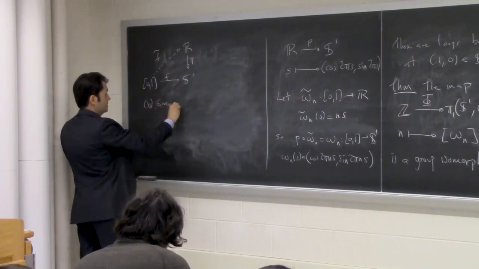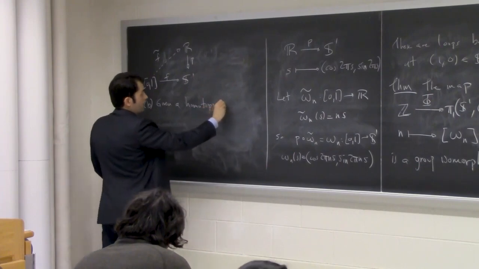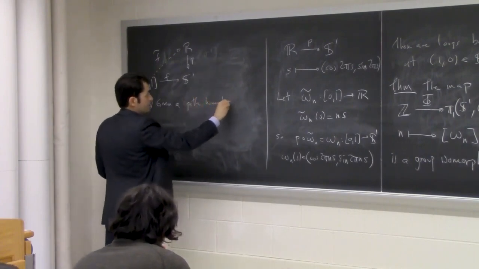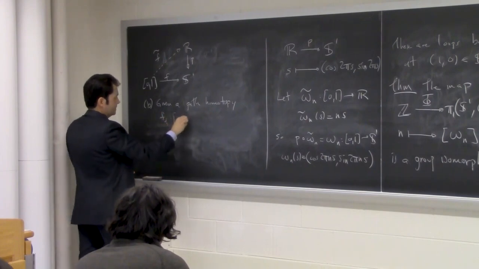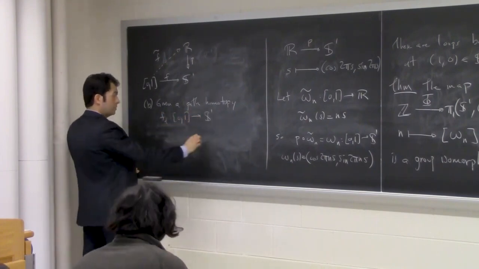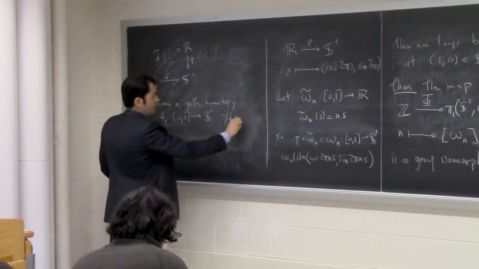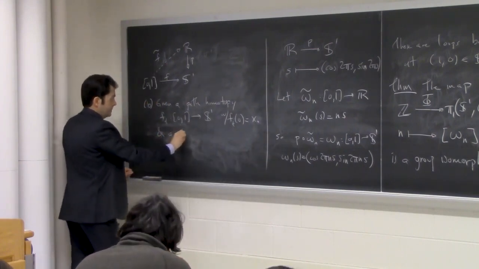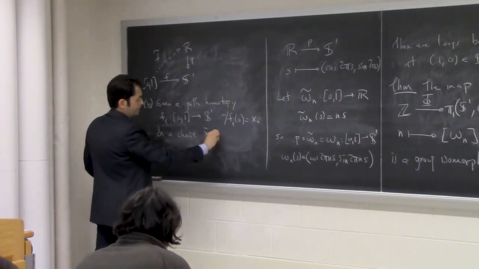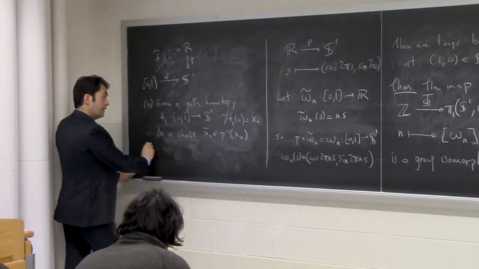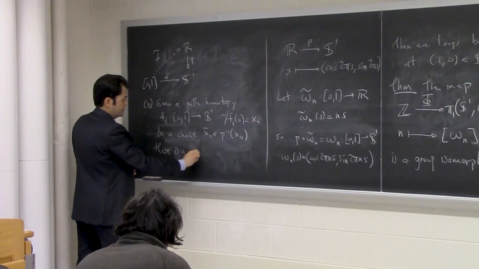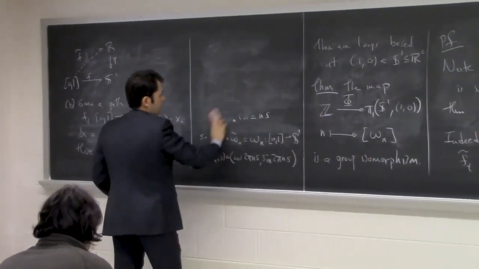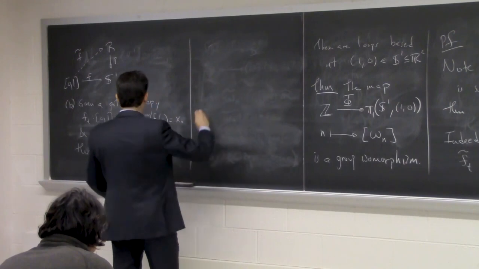Given a homotopy, let's say a path homotopy, at the circle with the left endpoint fixed, say x naught, and a choice of lift of the base point, there is a unique lift to a homotopy upstairs.